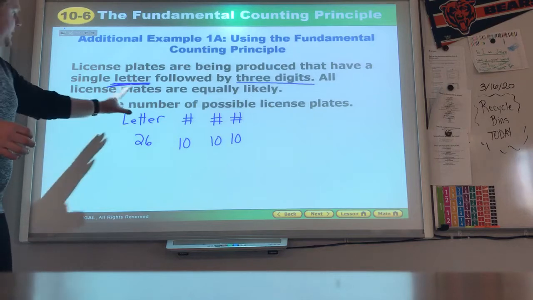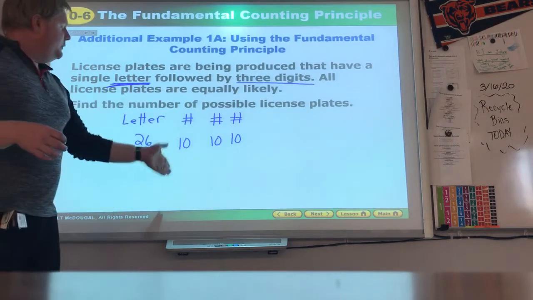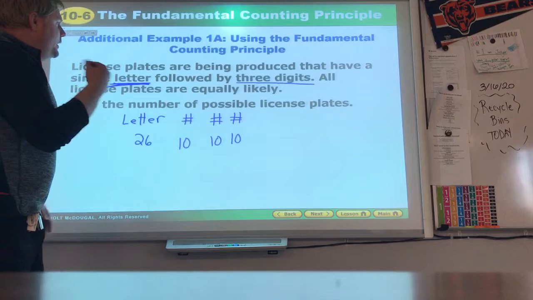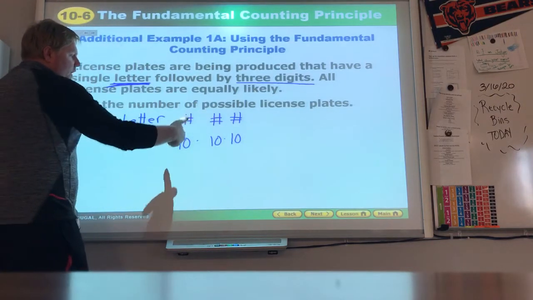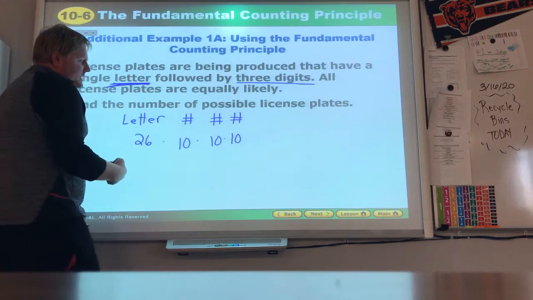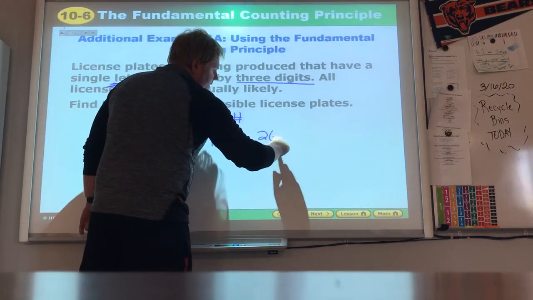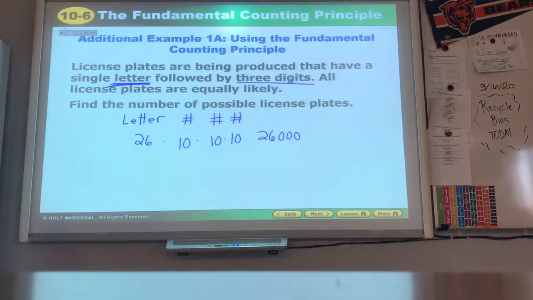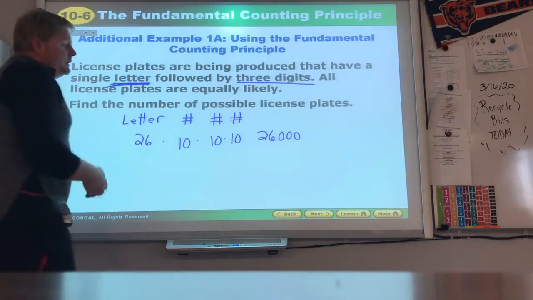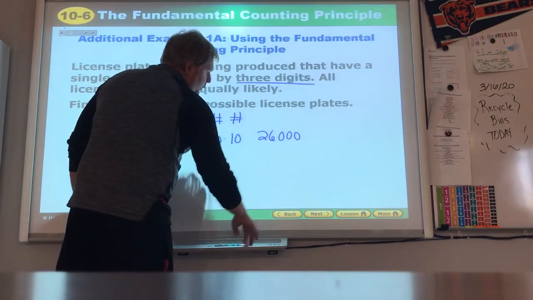So we figured out how many different possibilities for letters and for each number, and now since they're happening in a row, we multiply. 1,000 times 26, 26,000. There are 26,000 different license plate possibilities.